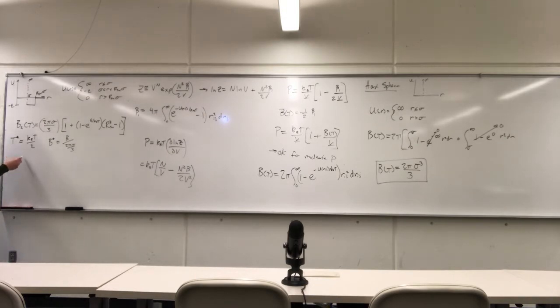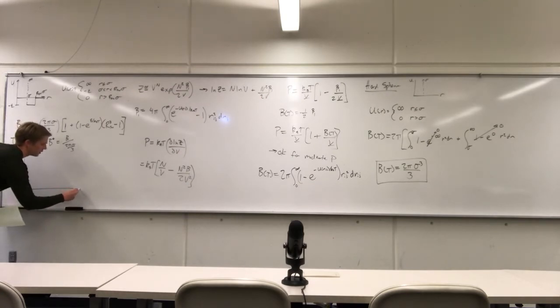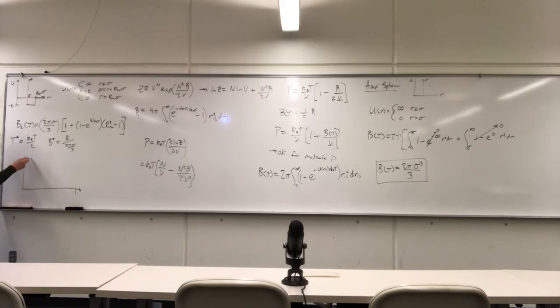So if we plot T star, and we look at this scaled virial coefficient, it ends up looking something like this. And this is 0 here.